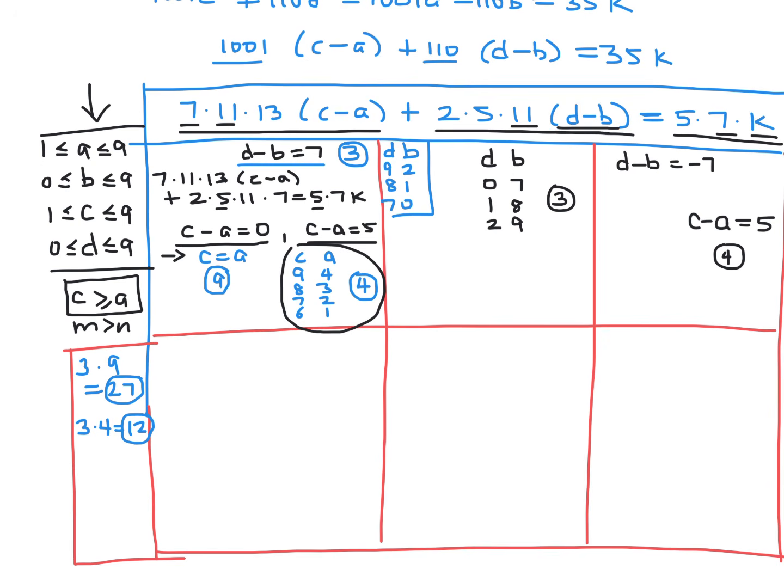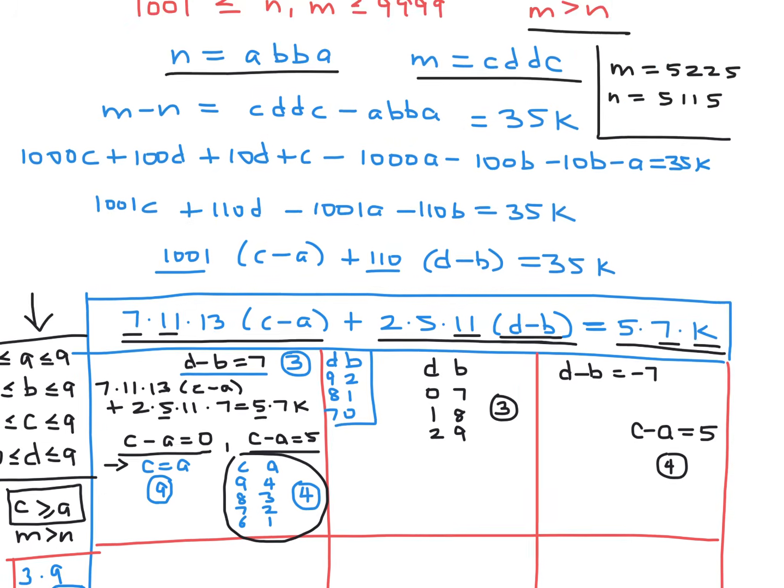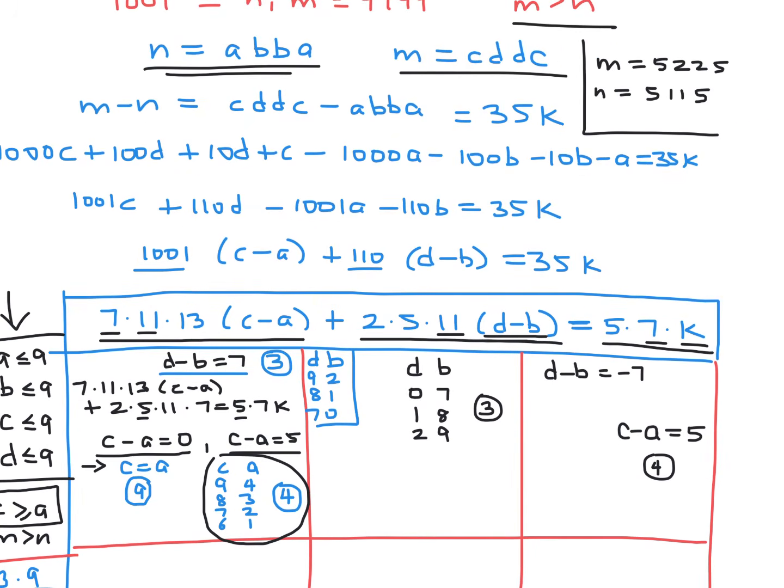And let me just make an example here. So going back to these definitions, if D minus B is minus 7, so m would be, let's just choose one. Let's choose this guy here. m would be 1, 1 something, and then n would be 8, 8 something.